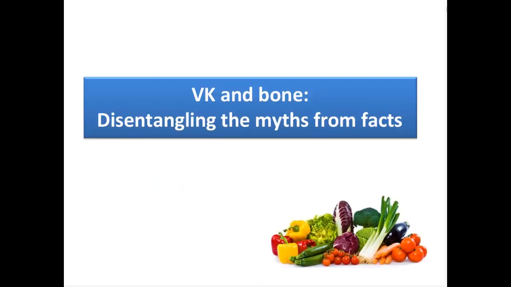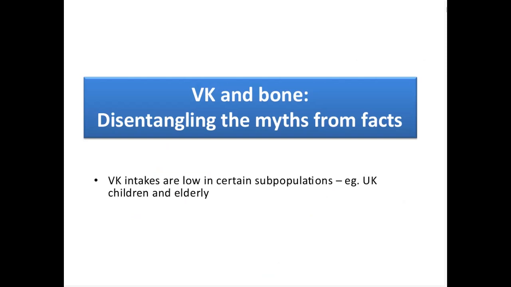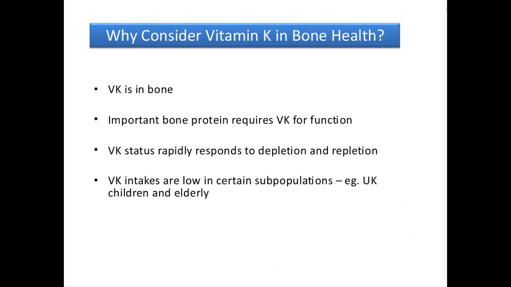So now we've talked about vitamin K's function, which is to support these certain proteins. Let's talk about some of the roles of vitamin K involving calcification that overlap with vitamin D. So let's talk about vitamin K in bone. Why consider vitamin K in bone health? Well, first of all, we know that when you measure bone for vitamin K, there's a lot of vitamin K in the bone.